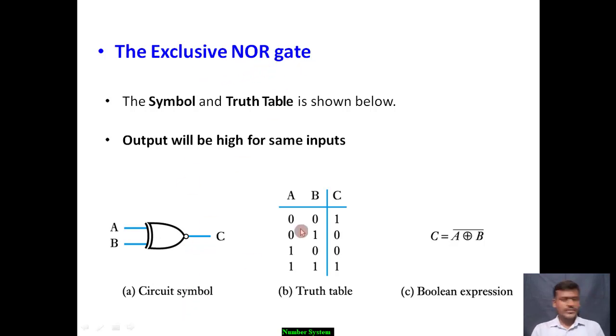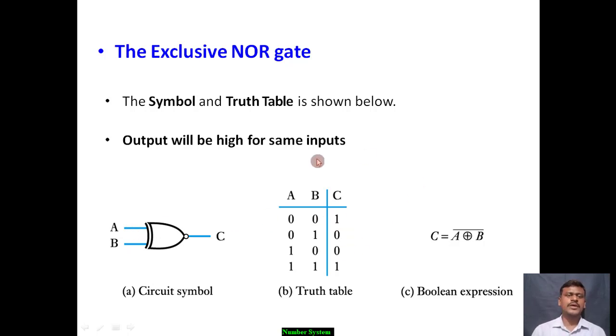That means we will represent the truth table using the circuitry now. Verify that if the inputs are 0 0 or 1 1, the output will be 1. If the inputs are 1 0 or 0 1, then the result will be 0.